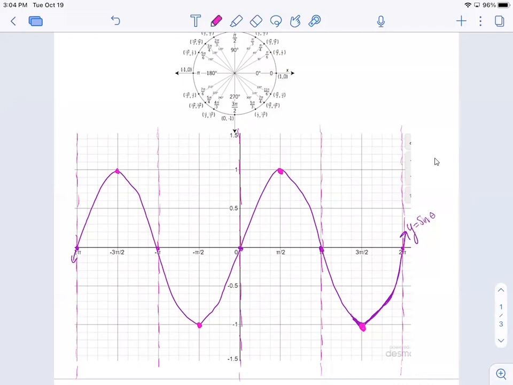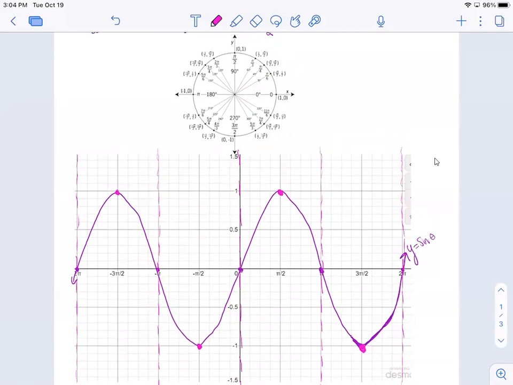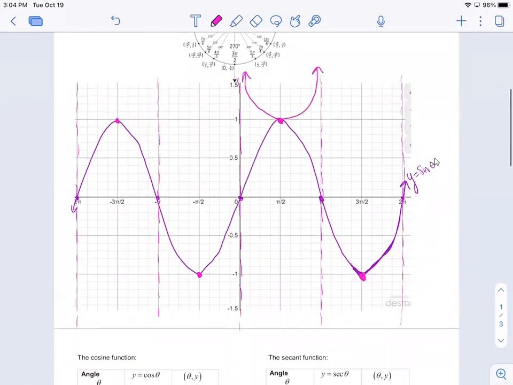So your cosecant graph starts to look like these little parabolas, and then down here, and then here. They bounce off that sine wave.